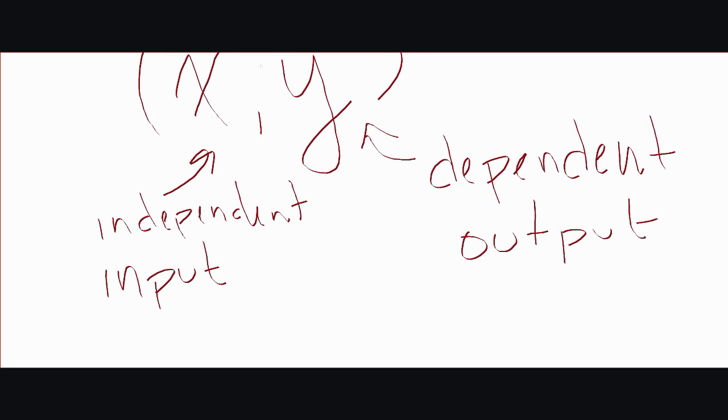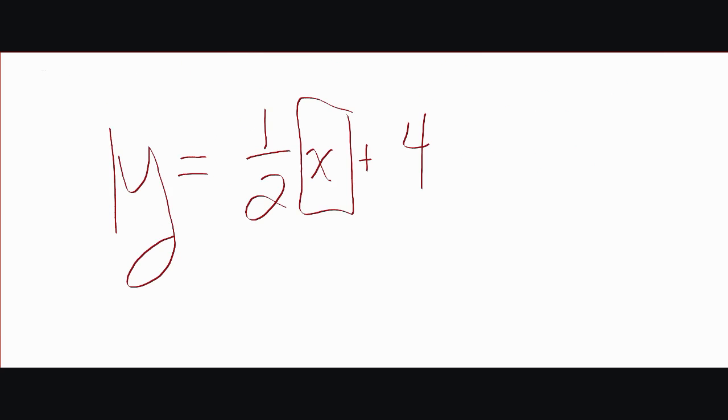Now, where have we seen this before? Take a look at something that looks like this. Y equals 1/2 x plus 4. This is the equation of a line. We've seen it 1,000 times. But look what it has. It has an x value, and it has a y value. We can see that these variables are related to one another.